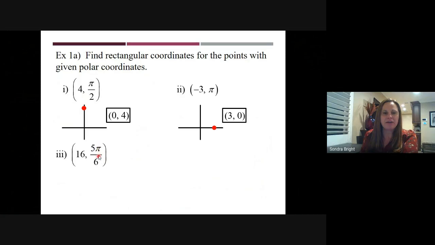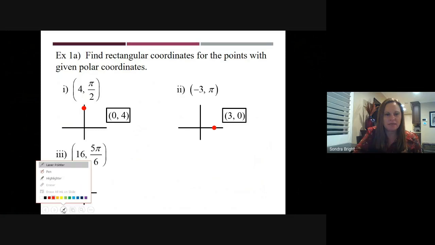16 comma 5 pi over 6. All right, so this one's a little more complicated, but remember 5 pi over 6 means you would start here and it would land there, and 16 is your r. If you remember, we do give you the formulas on a different slide.